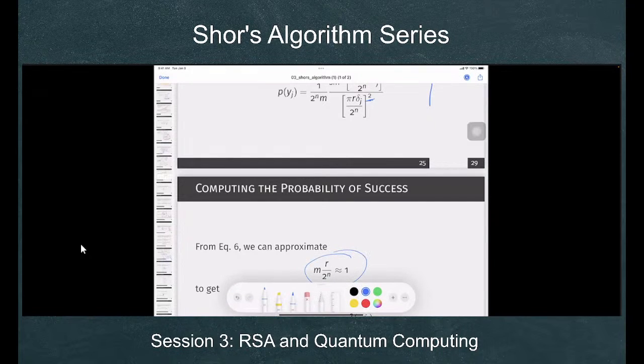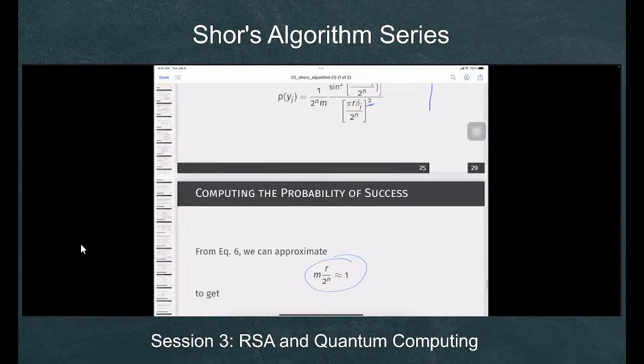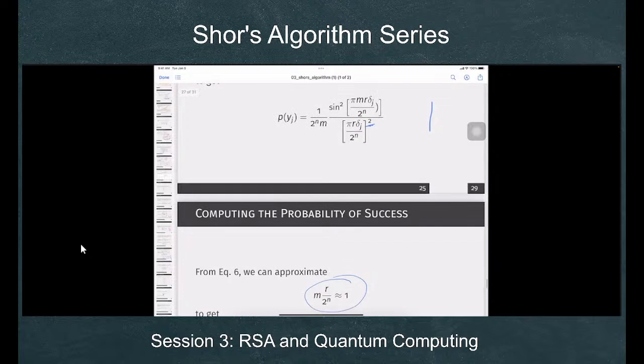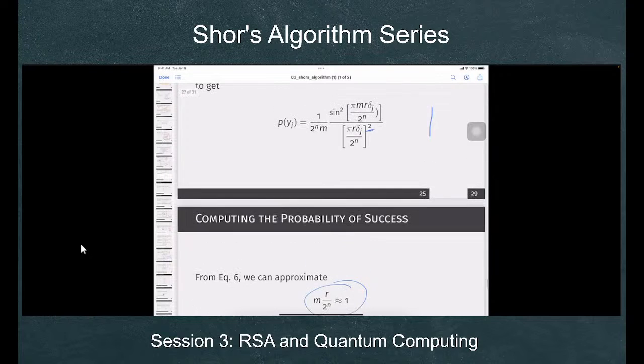Why is this true? You might be wondering, is that true? Well, let's take a look. Let's go back a couple of slides. So remember this one here, a couple of slides back.